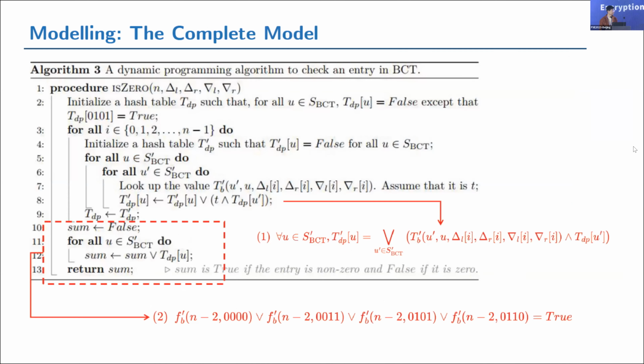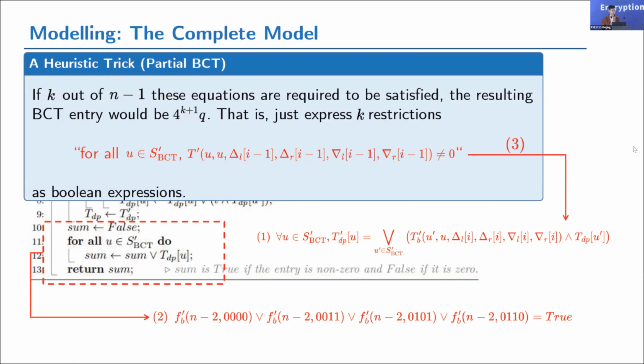Here comes our complete model. Based on the previous algorithm, we model line 8 as the first Boolean expression. For lines 10 to 13, we create another Boolean expression. And the heuristic trick is applied to the first Boolean expression.